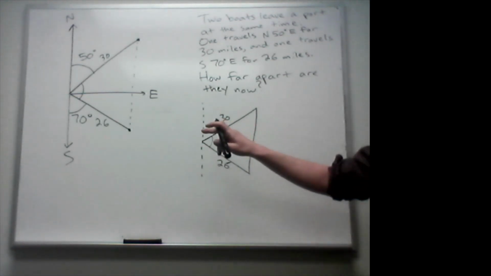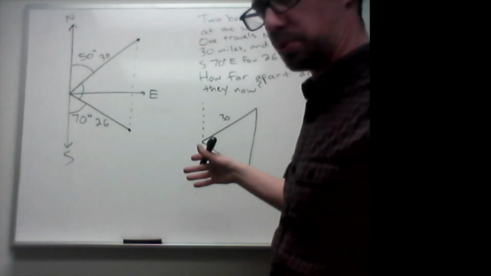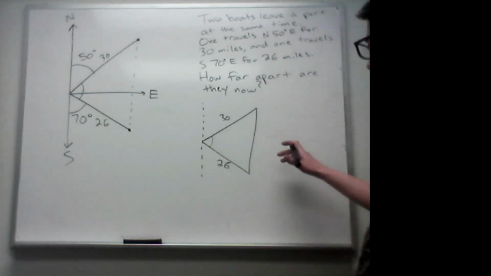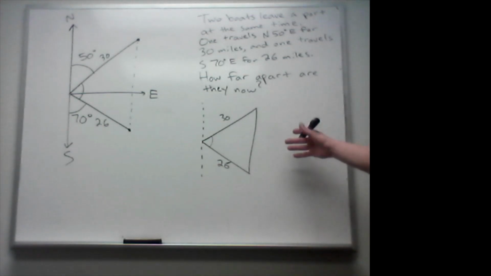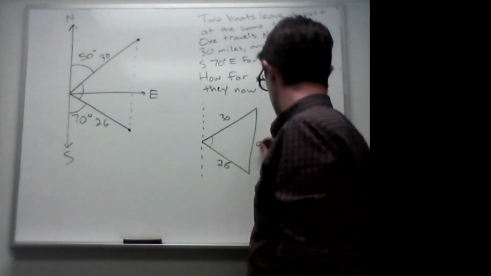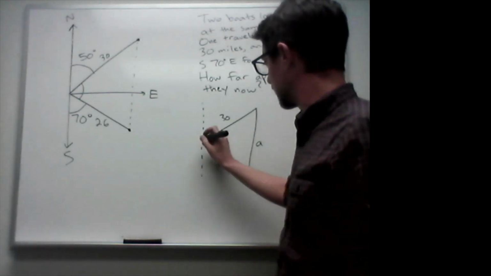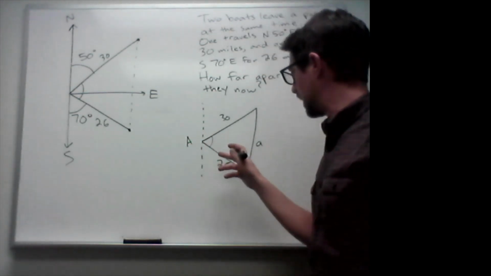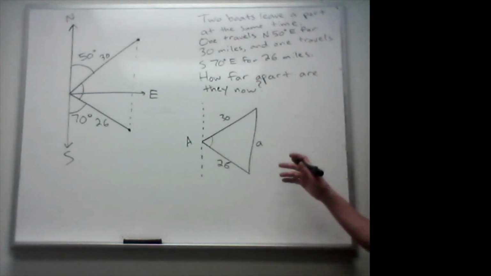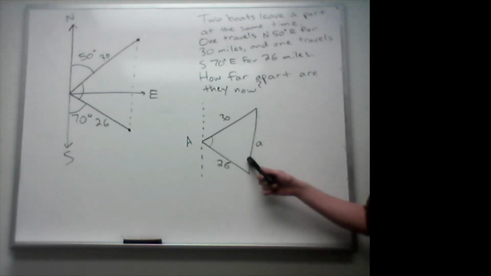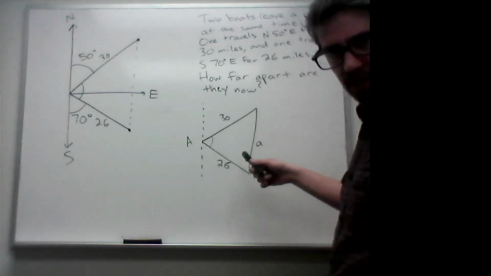I guess we should probably label it. Let's label the sides of our triangle. Let's label side A the thing that we want. That way angle A is the thing that we're about to get. We don't really care about these other angles.